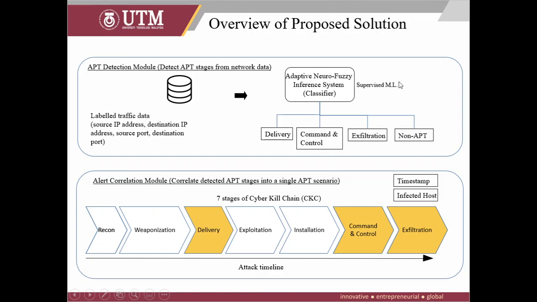So we'll be training our ANFIS to do classification, and then once the data has been classified into these 4 stages, the result is fed to this correlation module to correlate the traffic that has been labeled into its own attack timeline based on its timestamp and infected host.